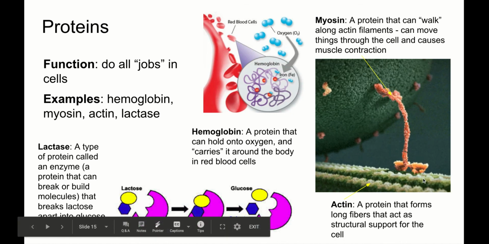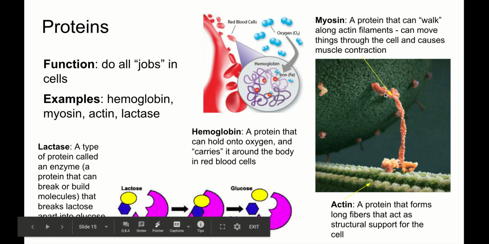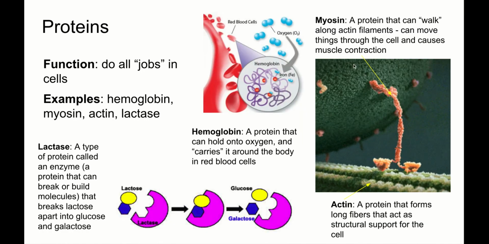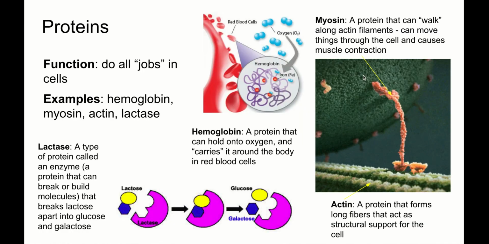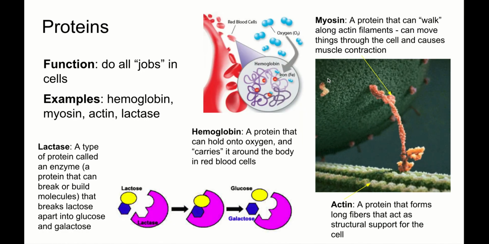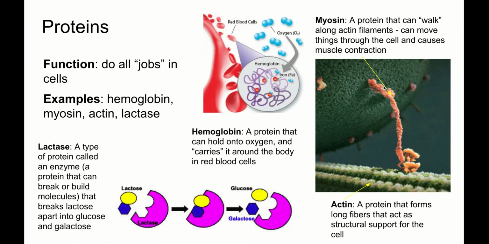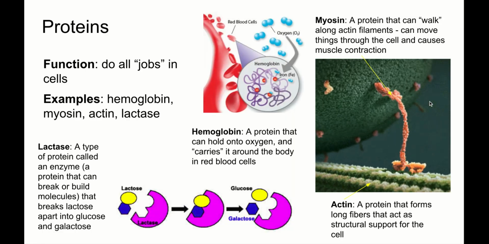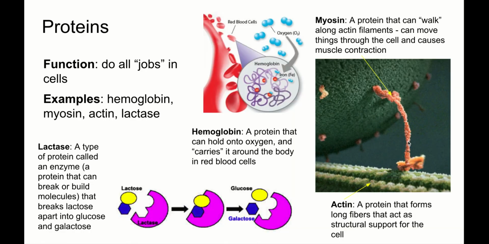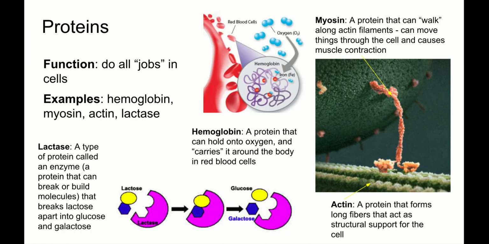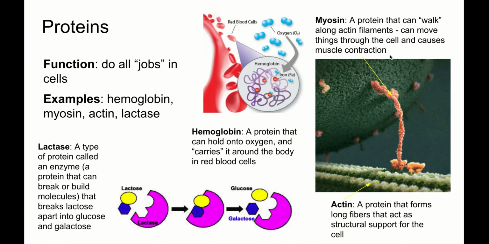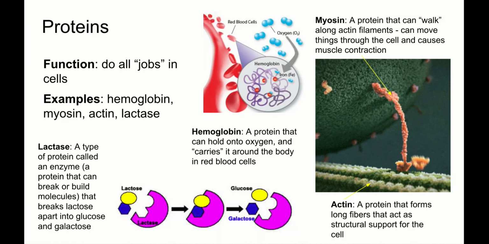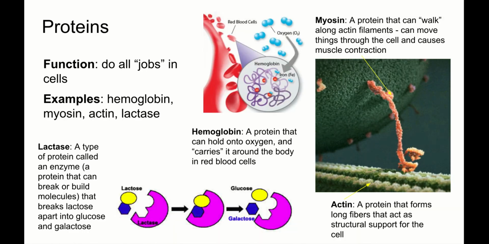So it can walk along actin filaments and it can move things through the cell. You can see that this end of the myosin is attached to this bubble. There's probably something interesting in that bubble, like some fats or some carbohydrates, and we're essentially transporting that across the cell. This movement of myosin walking along actin is also what causes muscle contraction and allows you to move your body.